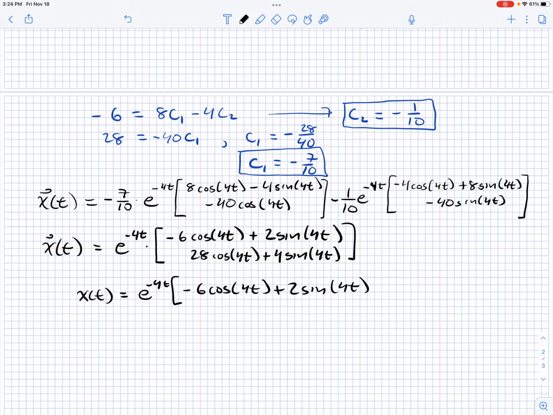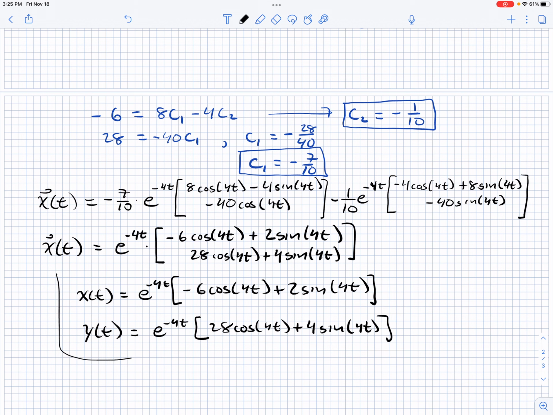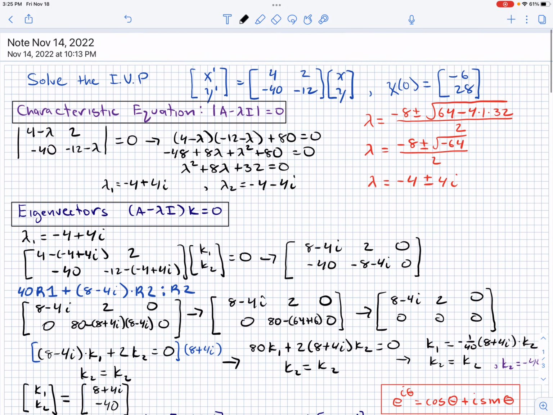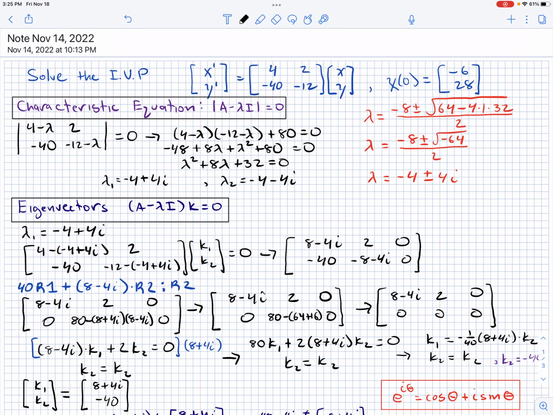And then y of t will be e to the negative 4t times 28 cosine of 4t plus 4 sine of 4t. And that is the solution to our initial value problem for the system listed right here.